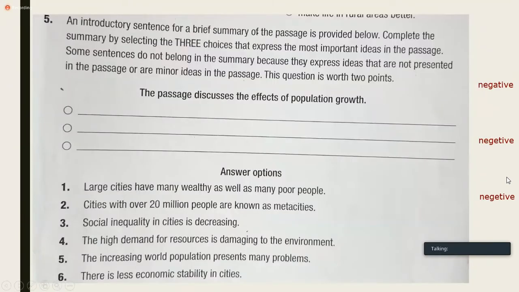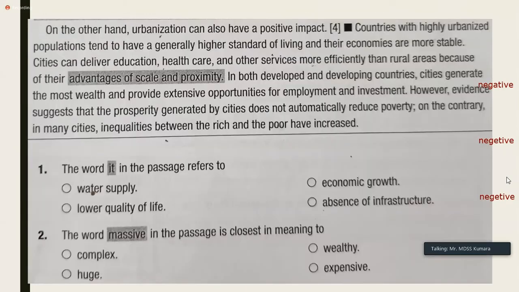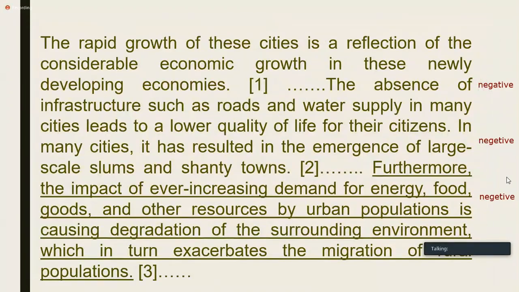So our sentence is, yet these cities are also the location of increasing poverty, disease, and pollution.